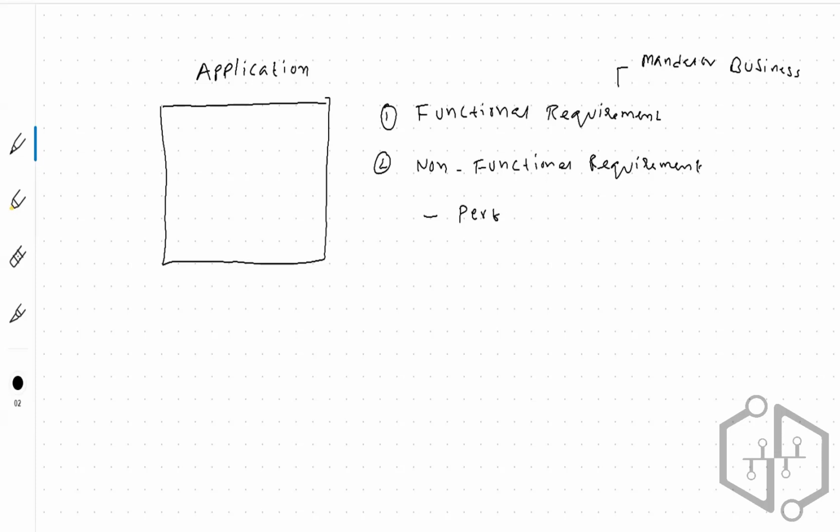If you add the two numbers and the result is returned after 10 minutes, there's no use. You expect the result within a fraction of a second. That expectation, because performance is one of the non-functional requirements. And security.